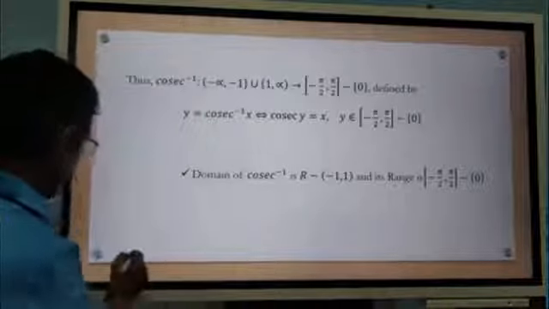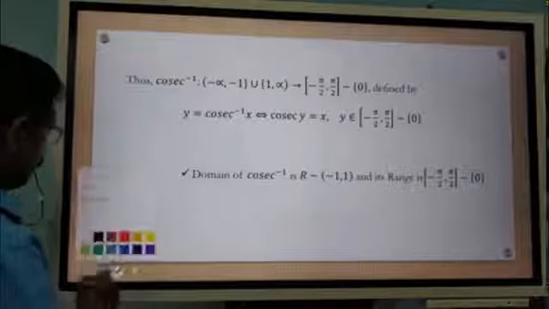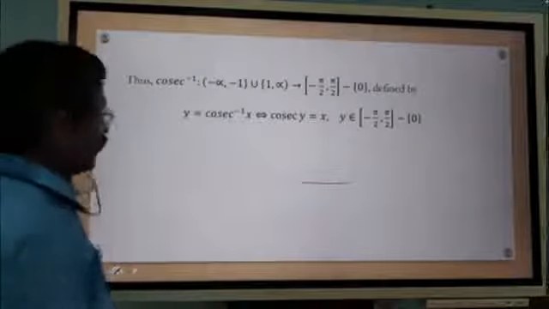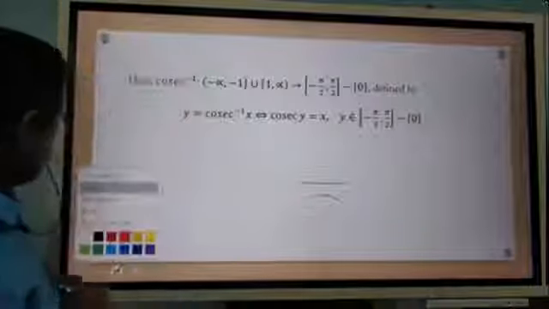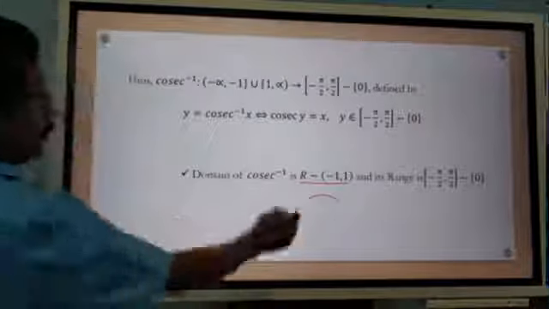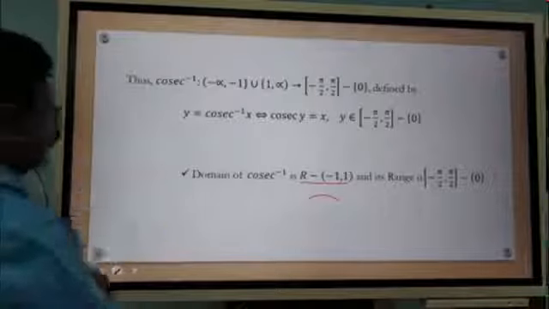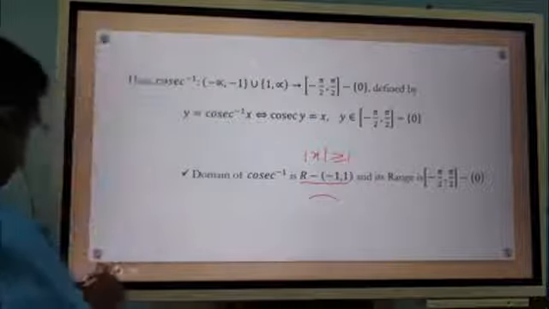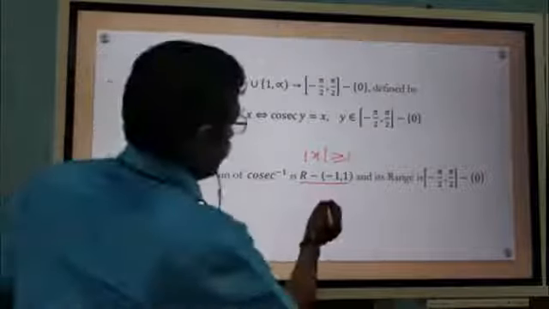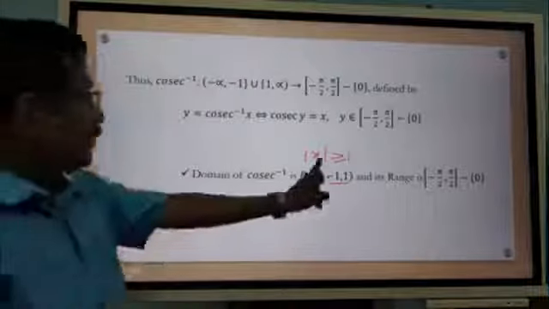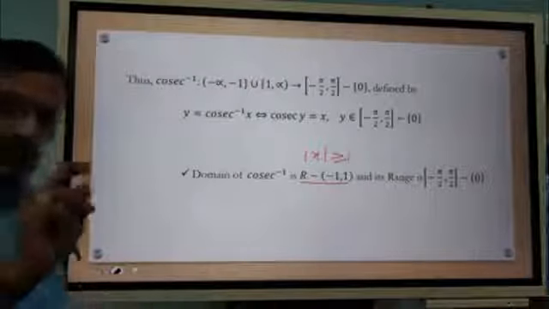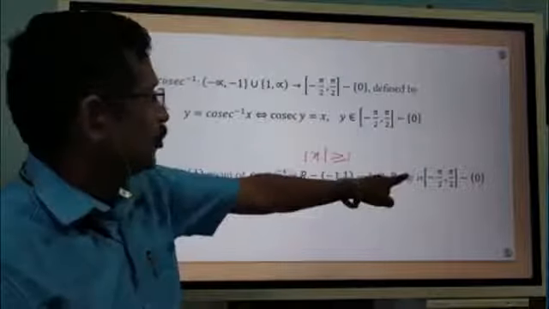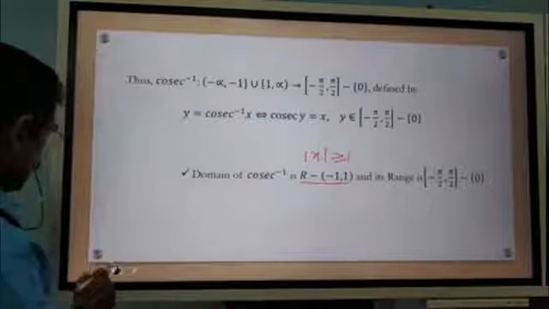So the domain is R minus the open interval (-1, 1), otherwise modulus of x greater than or equal to 1, and the range is [-pi/2, pi/2] minus the singleton {0}.